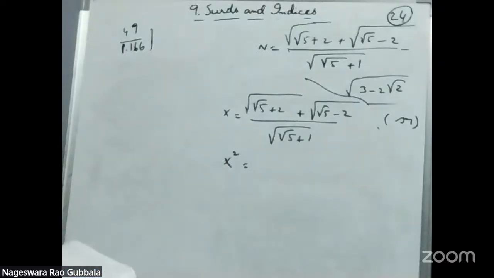Answers are 2 root 2 minus 1, choice B 3, C 1 being 2. So simplification is necessary finally.